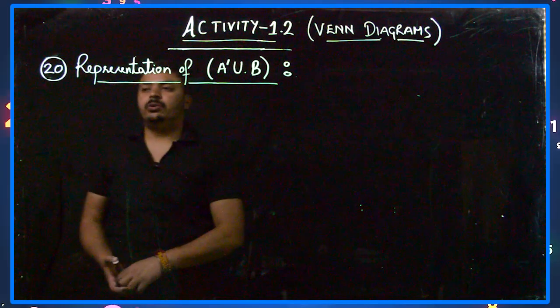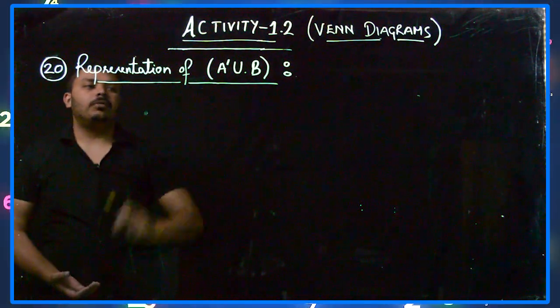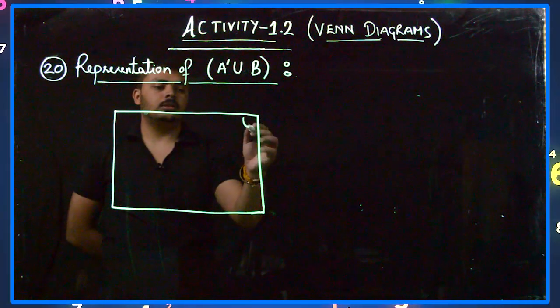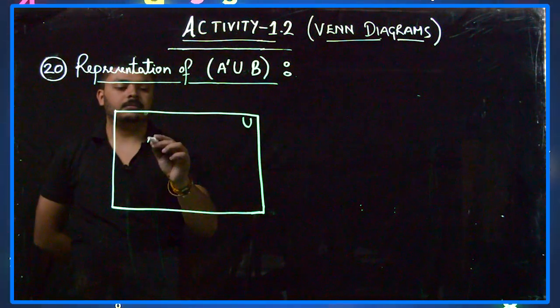So now point 20 is the representation of A complement union B. This is the universal set.